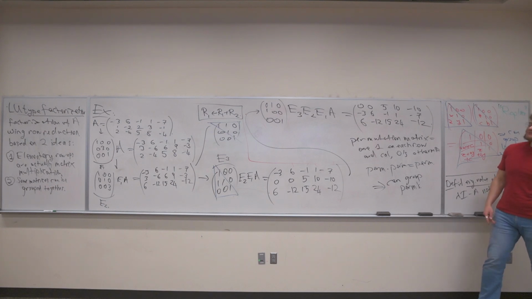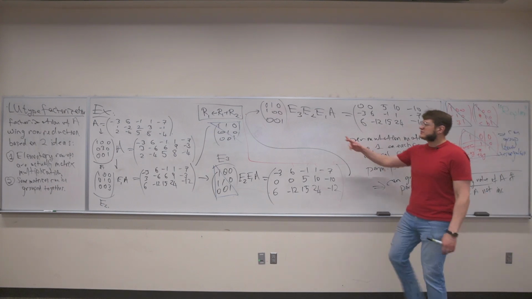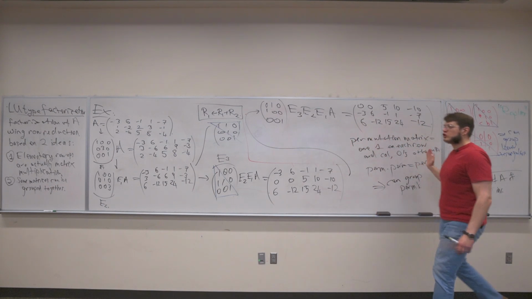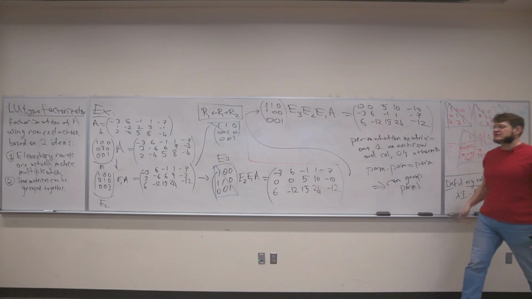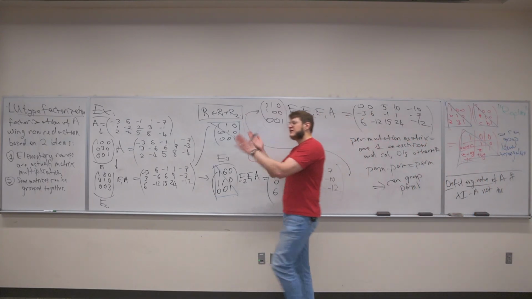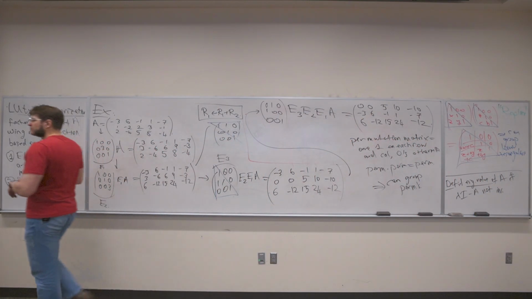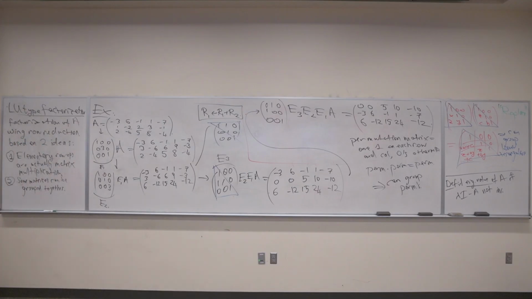Sometimes it might happen that maybe you do one diagonal and then two lower triangular and then one more diagonal and so on. There are methods to move these orders around. It's a calculation essentially. And depending on the context and the application, you may want to choose one specific LU-type factorization over another one.